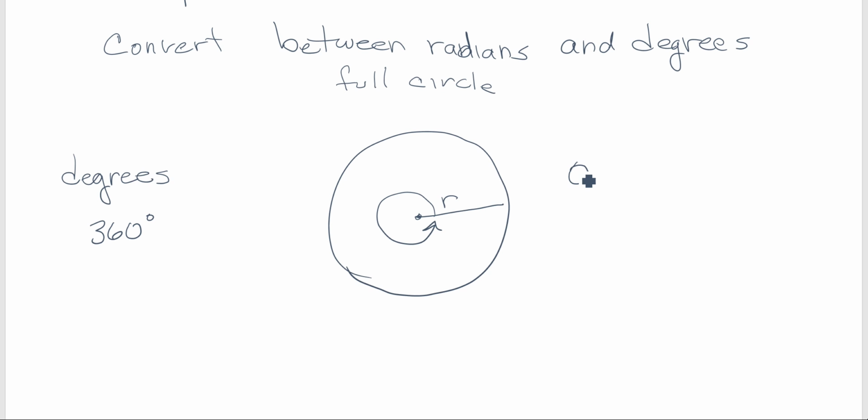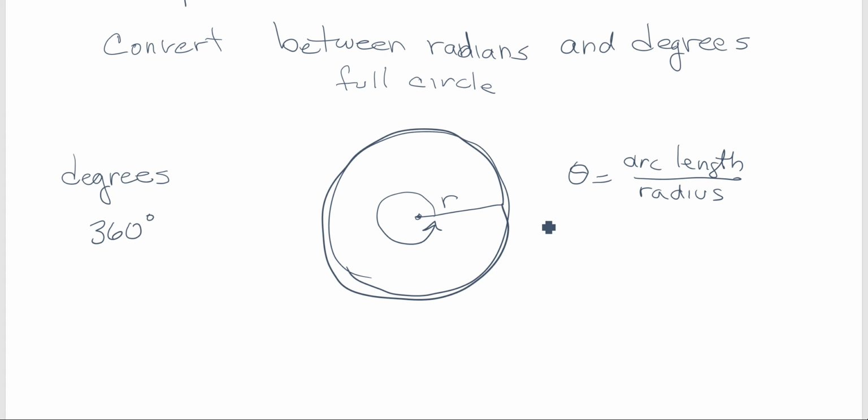In radians, we know that it's the arc length over the radius. And if I look at going all the way around the circle, the arc length all the way around would be the circumference. And hopefully everybody remembers that the circumference is equal to 2 pi r, where r is the radius.